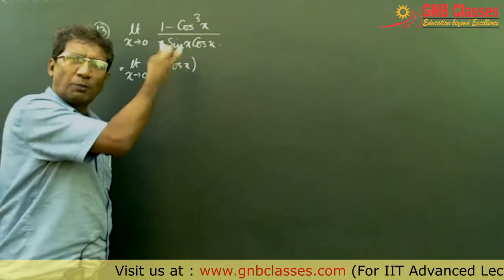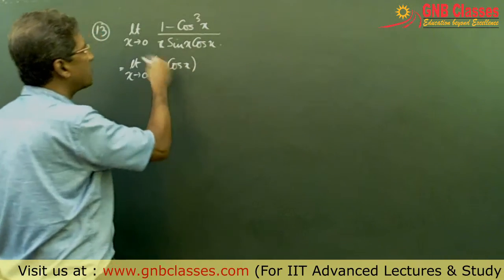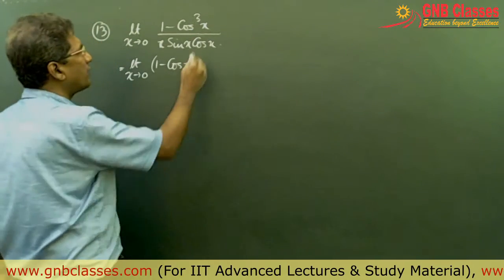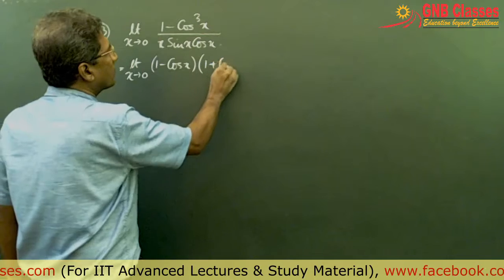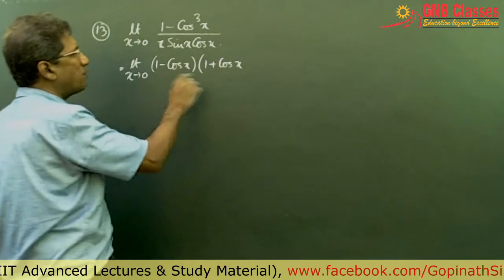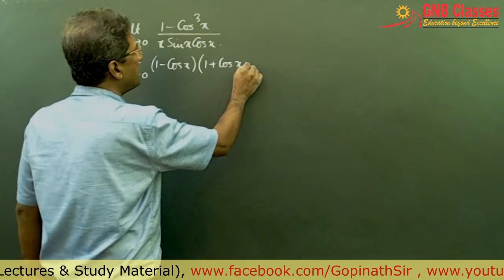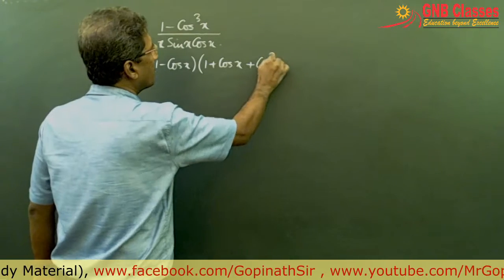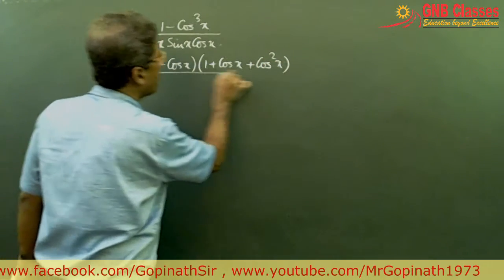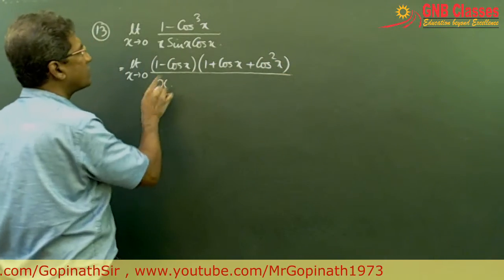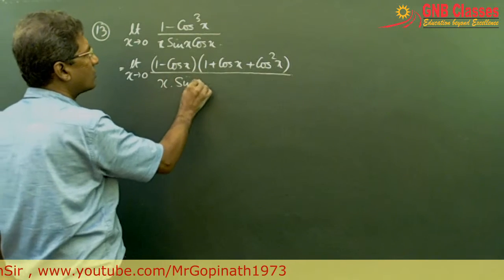You can go by L'Hopital's rule also. There also you will get the answer, but I am trying to do it in another way. So a cube minus b cube is (a minus b) into (a square plus ab plus b square), divided by x, sin x, cos x.